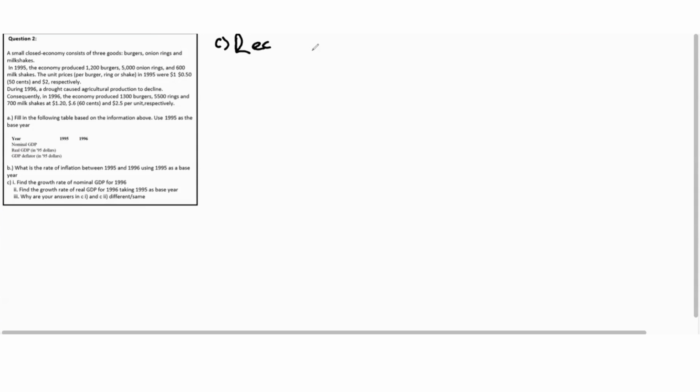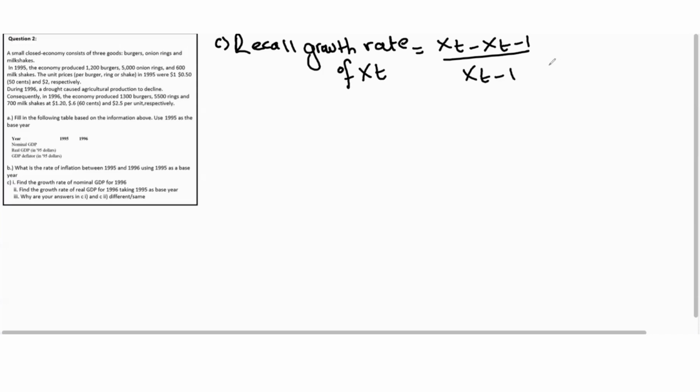So recall growth rate of x_t. We want to find the growth rate of a variable x in year t. It's (x_t minus x_t-1) divided by x_t-1, into 100, right? So let's just do a bit of recall first.